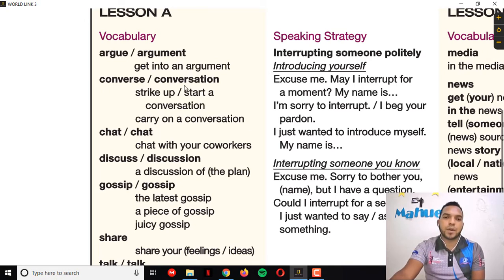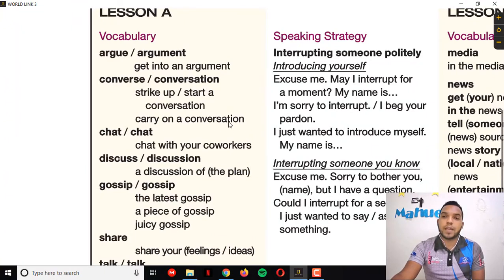So we have converse or conversation, which comes from strike up a conversation or start a conversation. These two are the same, they are synonyms. The only thing is that strike up is when you try to start a conversation with a person that you don't know. So you are trying to break the ice with them. And this part here, carry on a conversation.